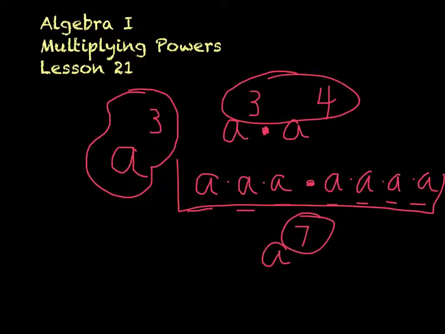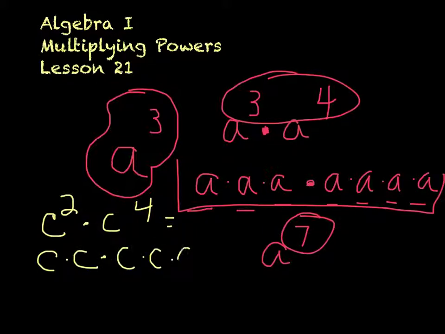Another example, which I'm going to put in the bottom left corner, is c to the second power times c to the fourth power. If I wrote this all out, I would have c times c, 2 of them, times 4 more of them: 1, 2, 3, 4. What I have then is c to the 6th power.